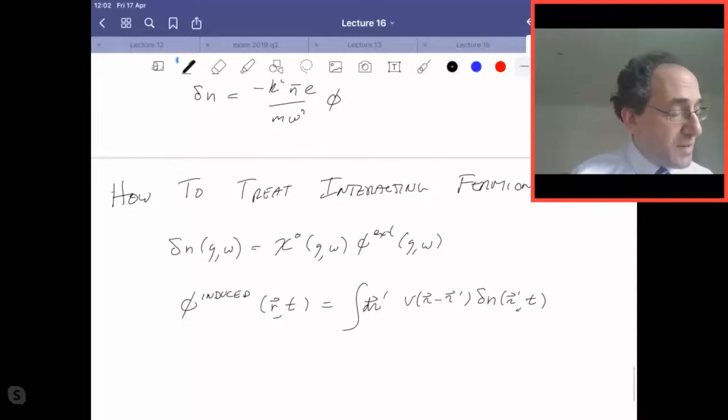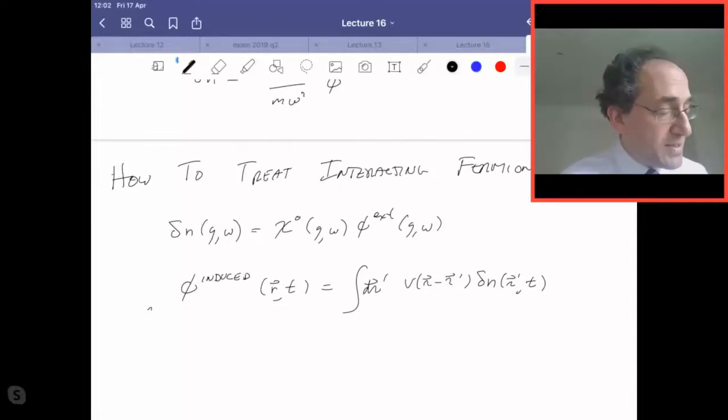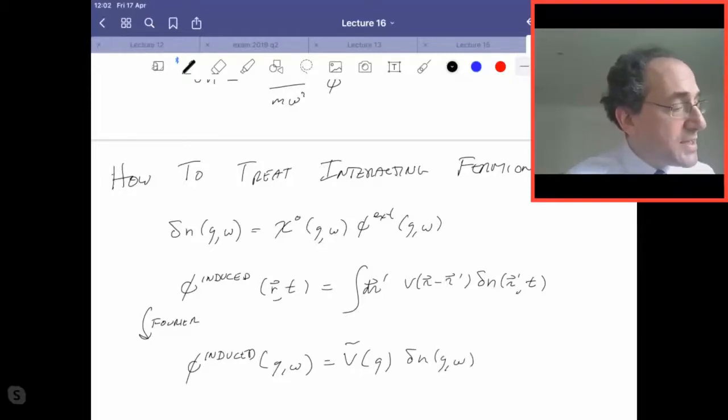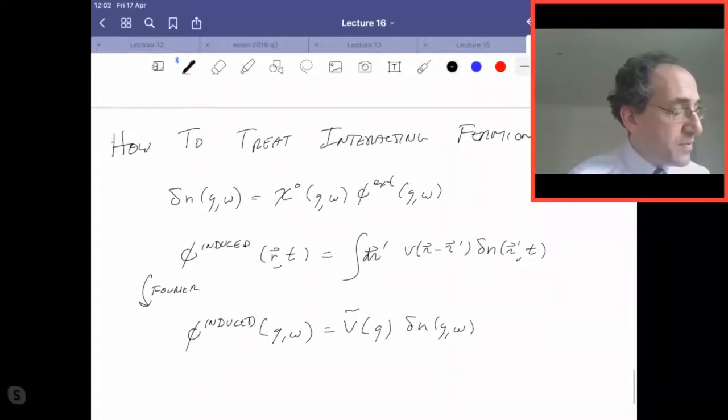So if we go to Fourier space, this can be written as phi induced of q and omega is just v twiddle of q times delta n of q and omega, because this up here is a convolution. And v here is the Fourier transform of v of r.